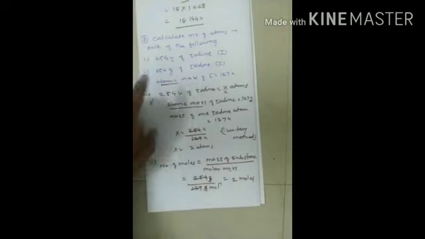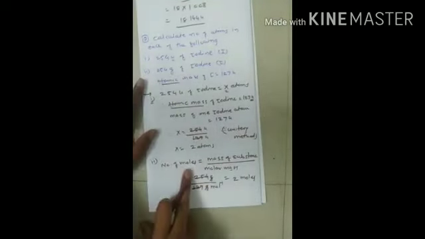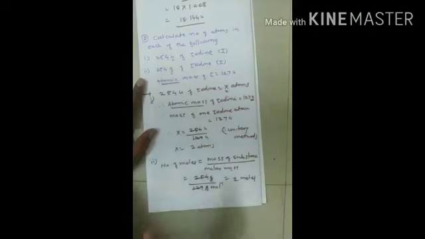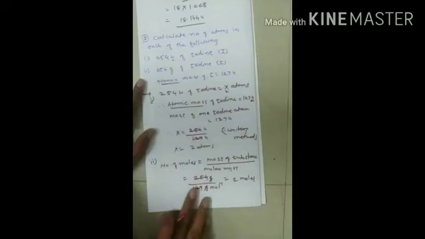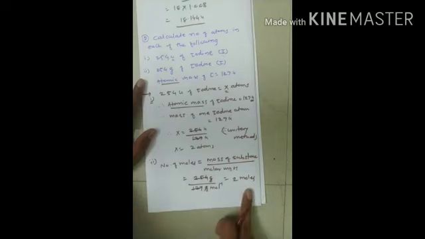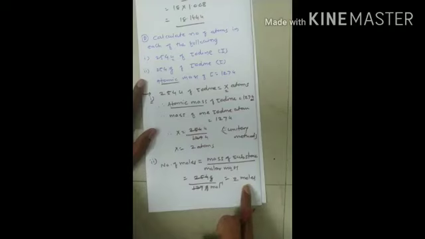Now in order to calculate the number of atoms, firstly we have to calculate the number of moles. And as we all know, from the number of moles, if I want to calculate the number of atoms, I have to multiply it by the Avogadro constant. Whether I have to calculate the number of molecules or atoms, once I get the number of moles and multiply it by Avogadro's constant, I will get the number of atoms or molecules respectively, whatever entity is asked in your question.